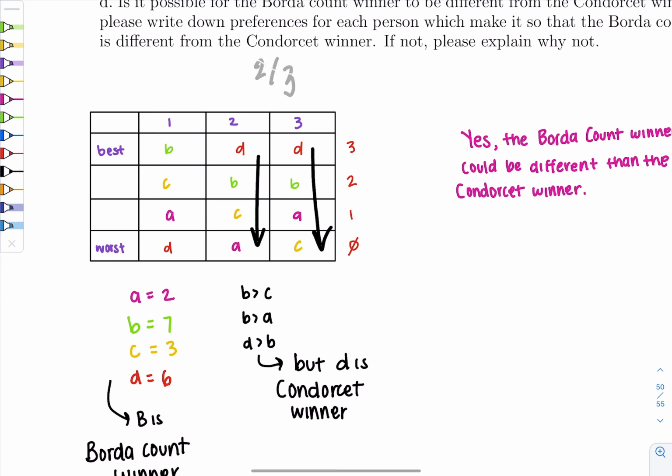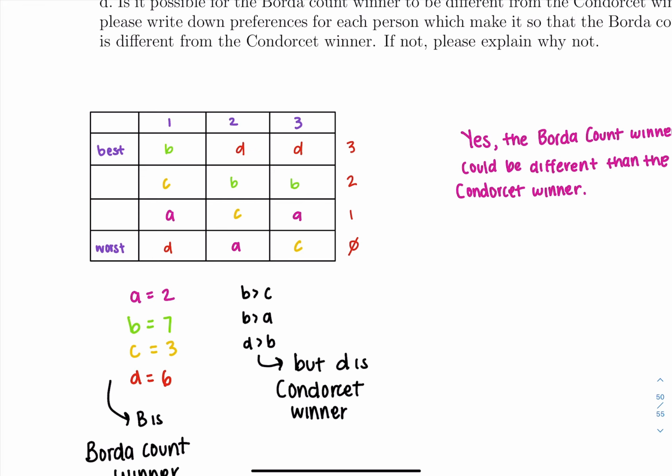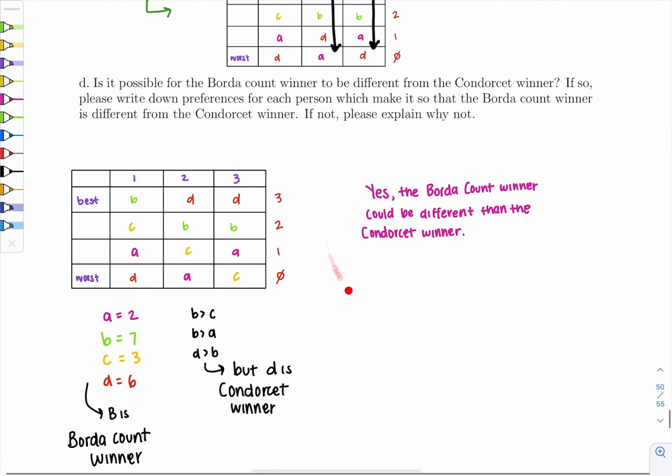That's the essence of Condorcet, majority rule. Even though B gets 3 points here, 2 and 2, D only gets 3 and 3. So again, yes, the Borda count winner can be different than the Condorcet winner.